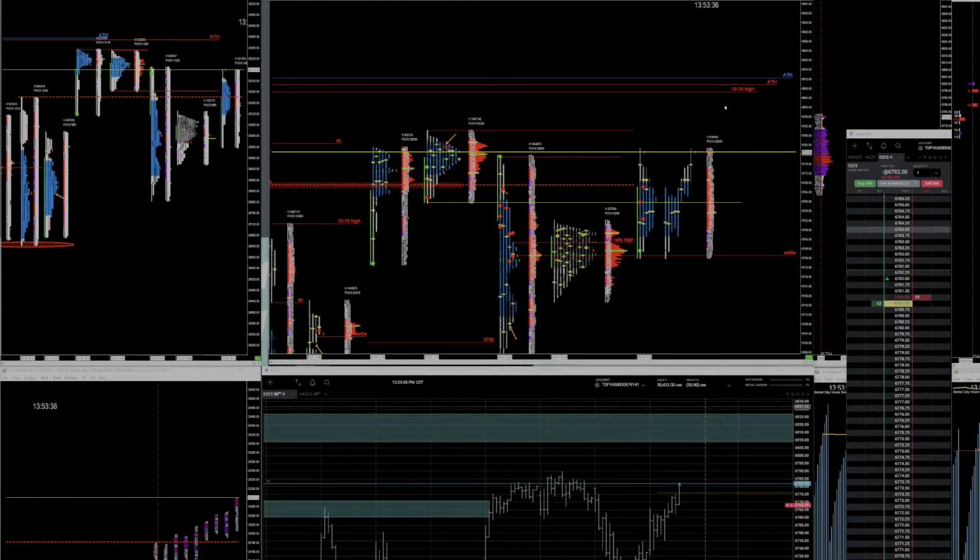Oh, notice this, something that I completely forgot. Now there's an unfinished action here. Right here where the market is, where I took my long, actually there is an unfinished action from this day.